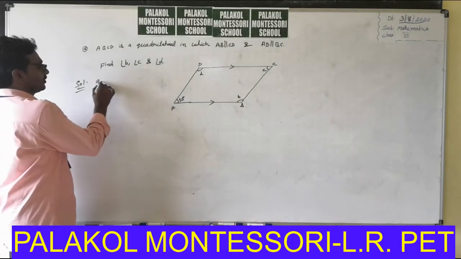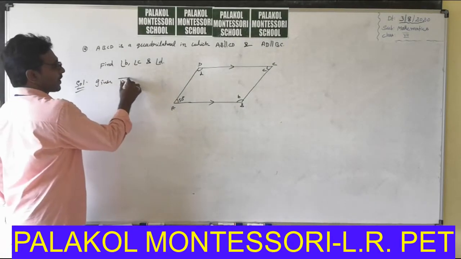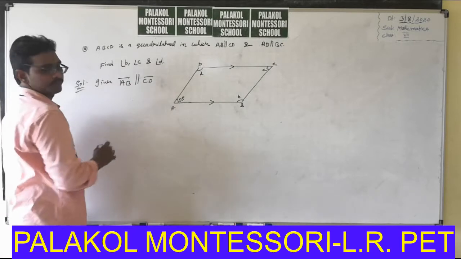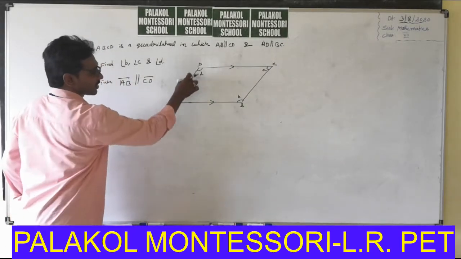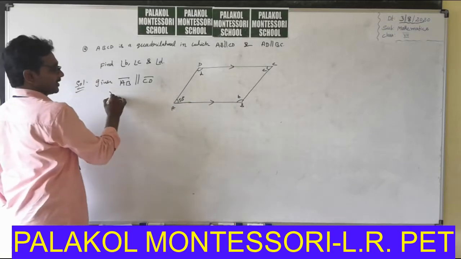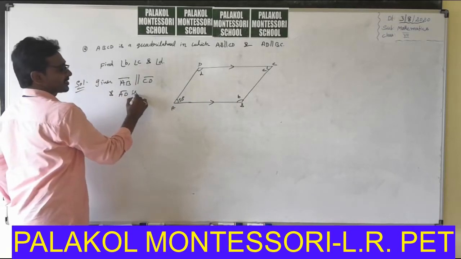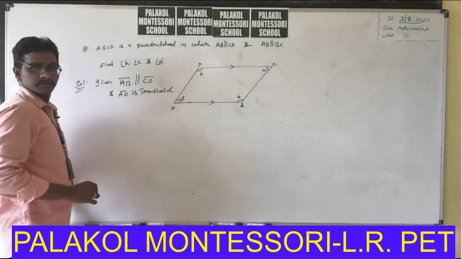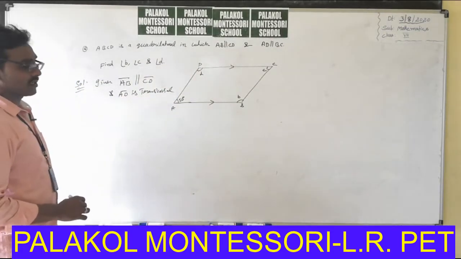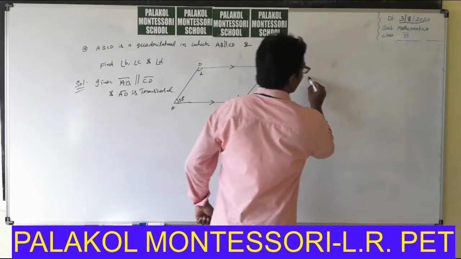First, given AB is parallel to CD. In this case, guys, see this one, AD is a transversal.